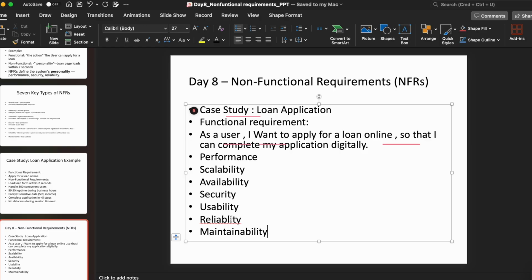Okay, so these are our 7 non-functional requirements.